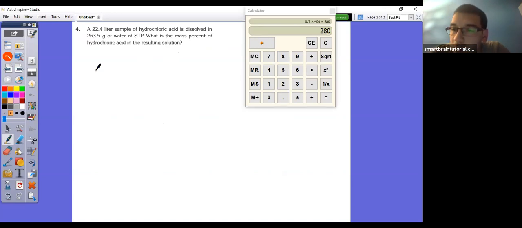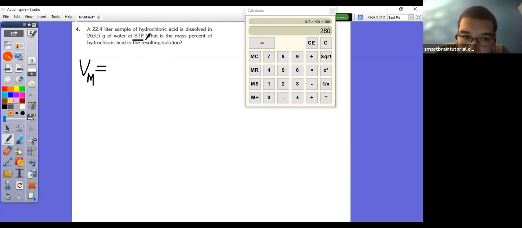Have you learned about molar volume? No. Okay. Molar volume is the volume of 1 mole of any gas. The symbol is Vm. This is the symbol of molar volume. It is the volume of any gas, but under specific conditions.